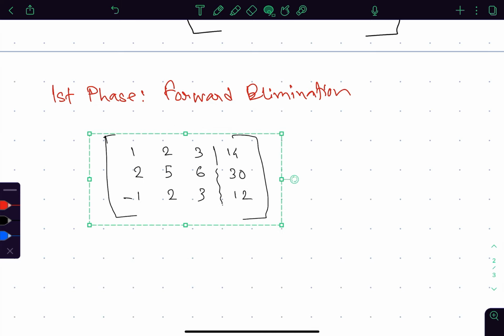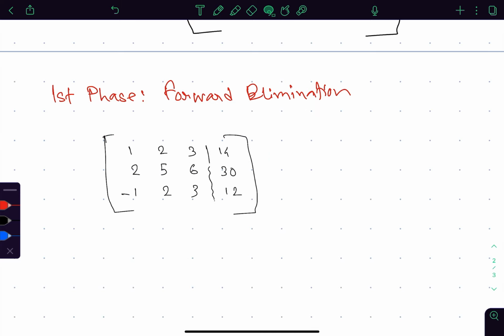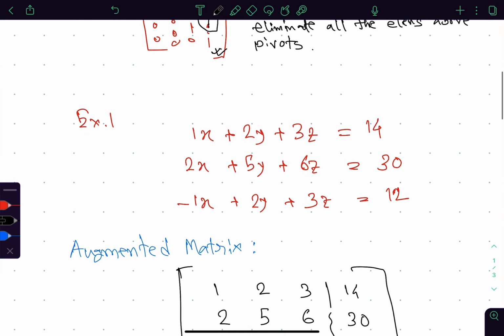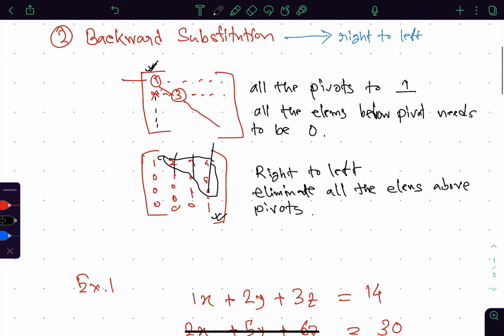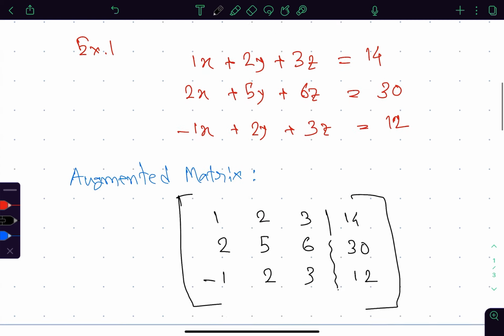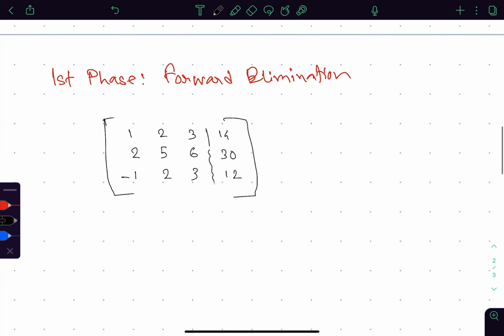Okay, so this is our augmented matrix. Then what we have to do here is, according to the algorithm, we need to make all the pivots 1, right, and all the elements below pivots 0.